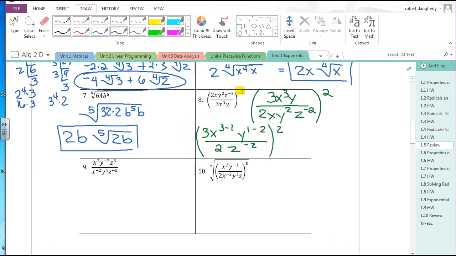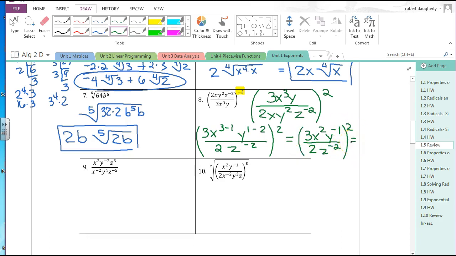So this is 3x squared y to the negative 1 over 2z to the negative 2, squared.